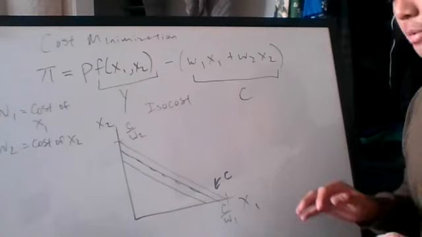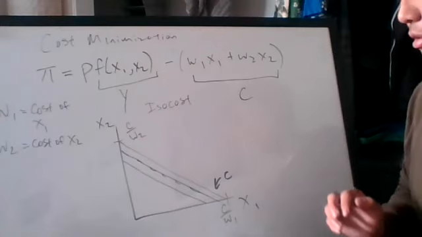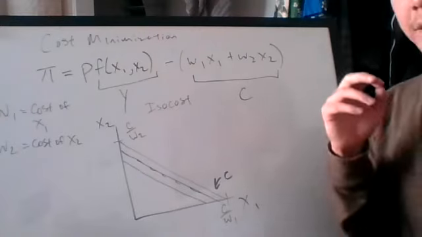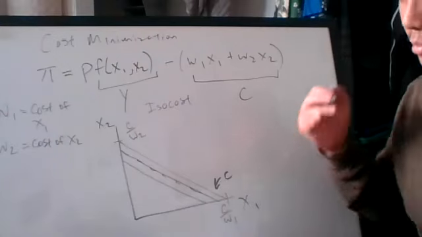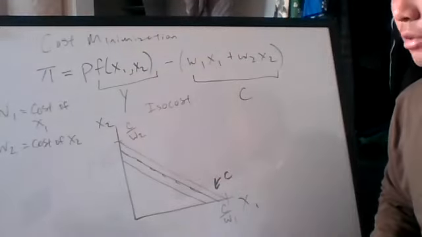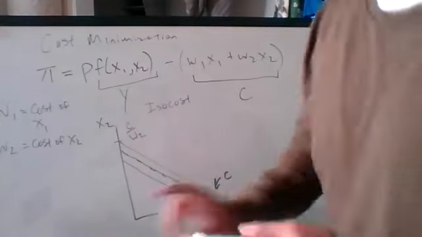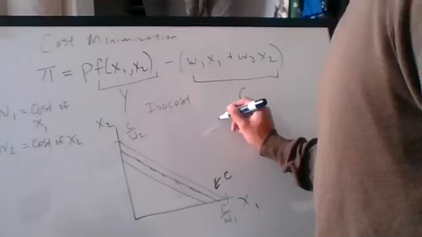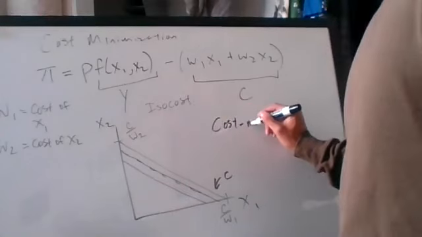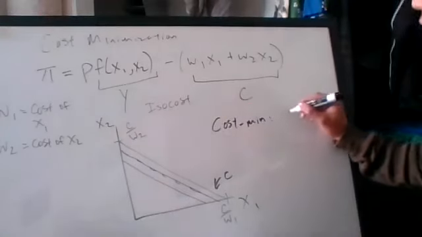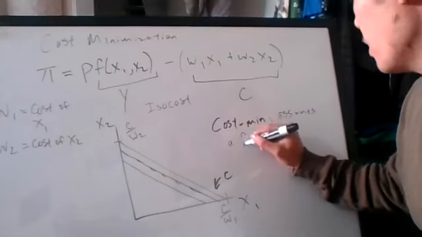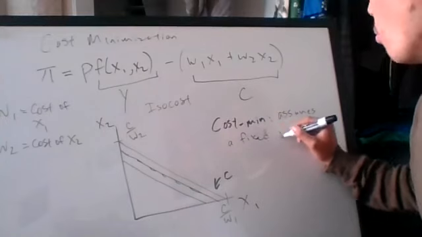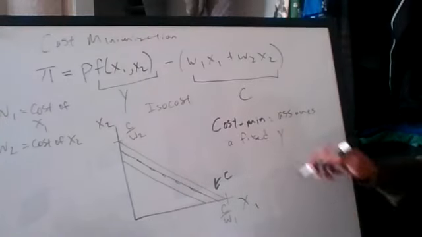So when it comes to cost minimization, the difference between cost minimization and stuff that's going to be on the final is that cost minimization assumes a fixed y. And what does that mean?